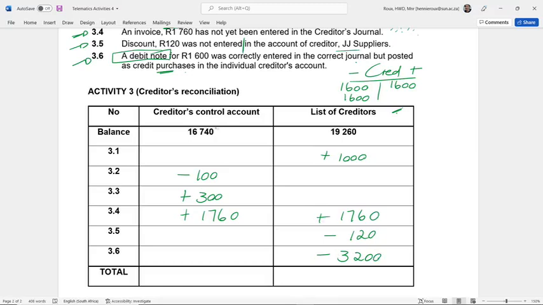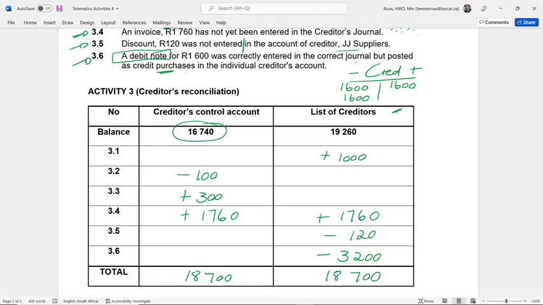We start doing our calculation. Remember to add that one as well. 18,700. Holding our breath. 19,260 plus 1,000 plus 1,760 minus 120 minus that also gives you 18,700.